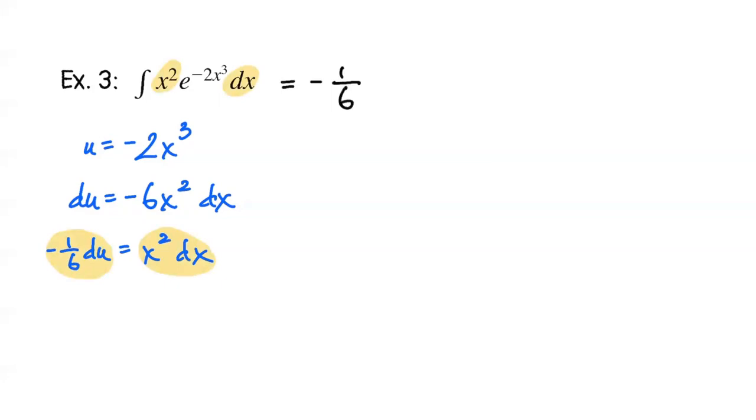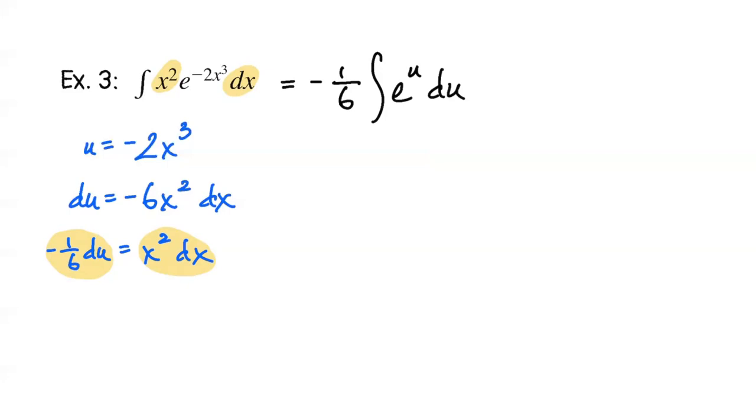Okay. And so when we make our substitution, I'm going to do something more that you would typically see. I'm going to go ahead and pull the constant out to the front. So I got that negative 1/6. I'm replacing e to the negative 2x cubed with e to the u. And the x squared dx gets replaced with the du. Okay, now I know I'm writing this differently than I wrote it yesterday, and in particular, I'm skipping a step.